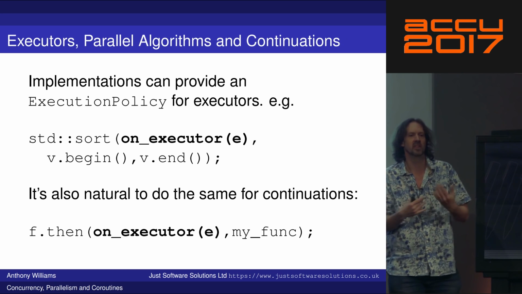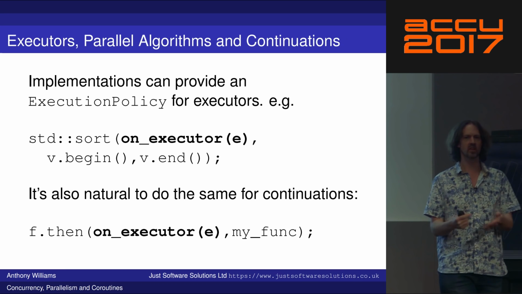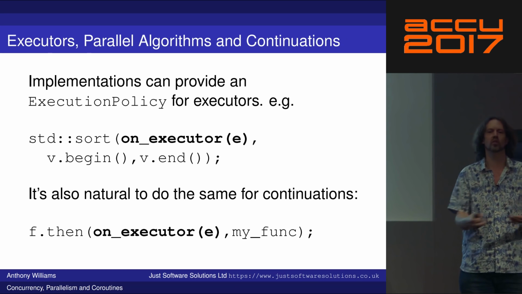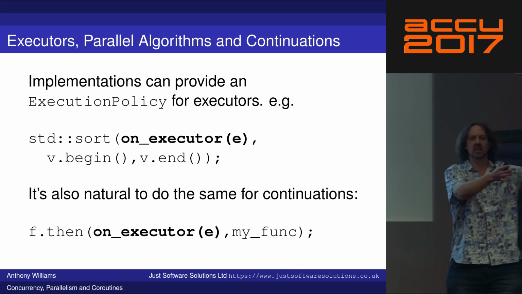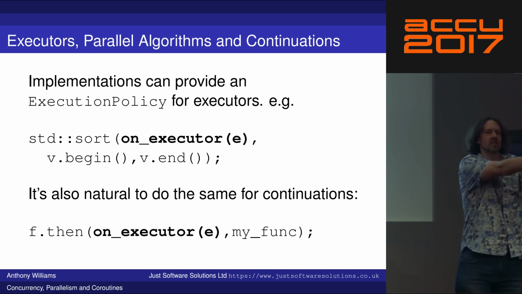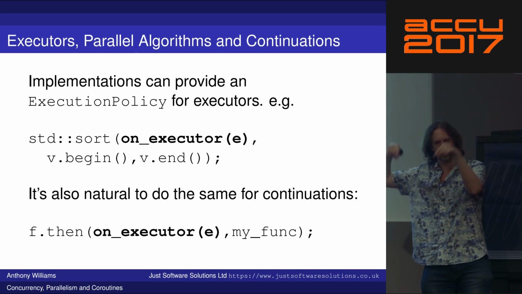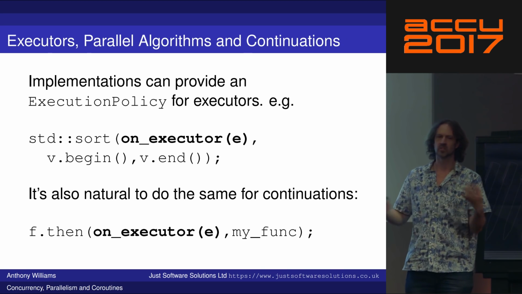As a programmer, you can say, I really want to do this parallelism, but I know the best way to get parallelism, actually, I'm currently running on a distributed system, and that system over there is the one that's got the best way of dealing with the parallel stuff. So I'm going to provide an executor that shifts all the work over there, but then I'm just going to call the parallel algorithm here, and expect it to shift the work as appropriate. So it all ties together.